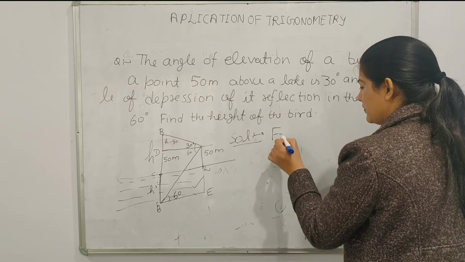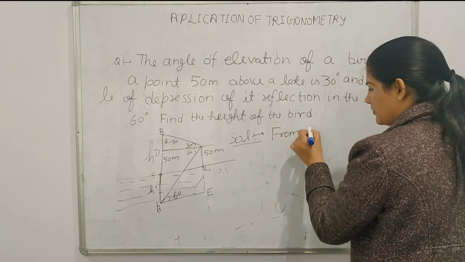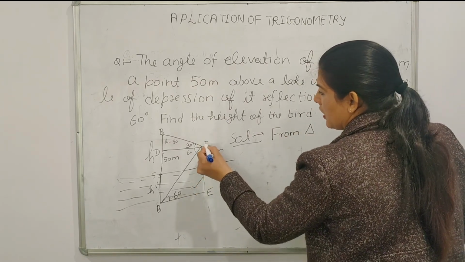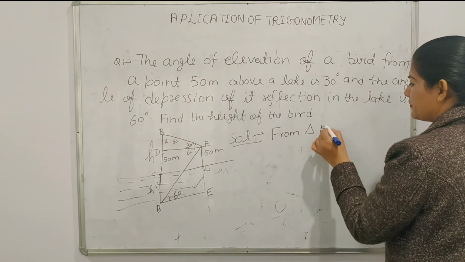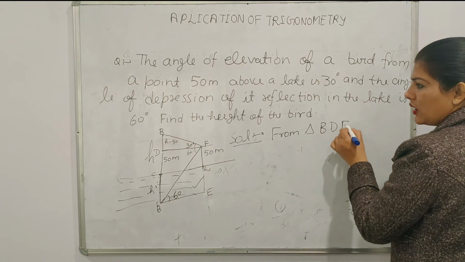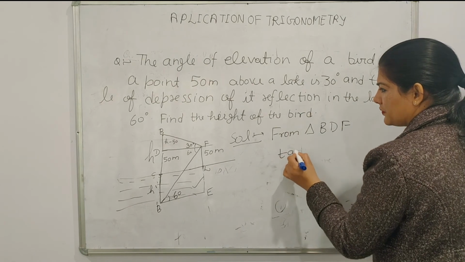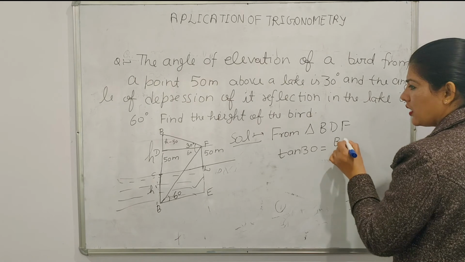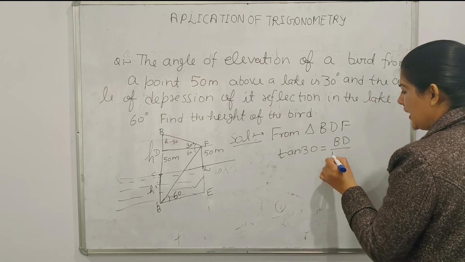Now from triangle BDF, tan 30 is equal to BD upon DF.